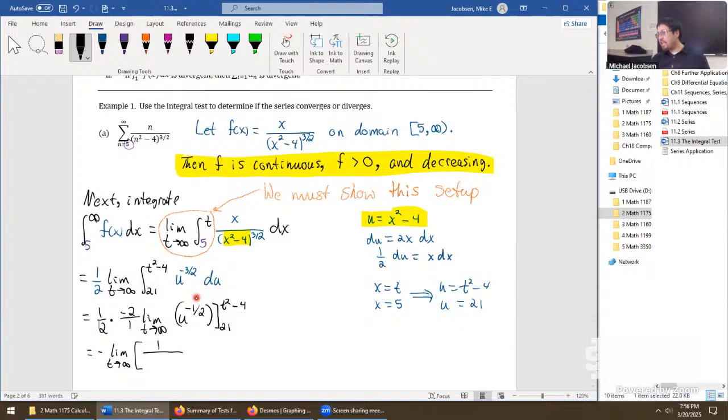But because the power is negative, you could just drop it into the denominator, put t squared minus 4 here. So I've done two things: substituted in t squared minus 4, and taken the negative exponent, forced it positive, so I took the whole base and dropped it into the denominator. Do it one more time, this will turn into 1 over 21 to the power 1/2, or just square root 21 if you prefer.